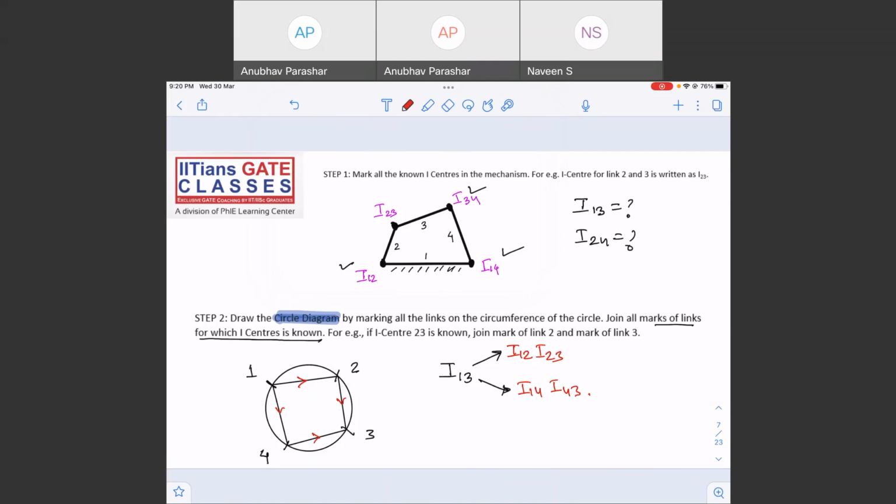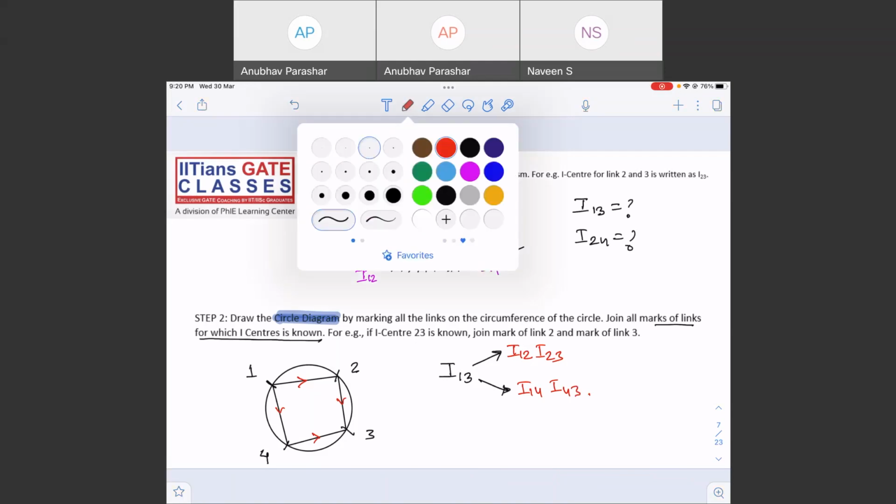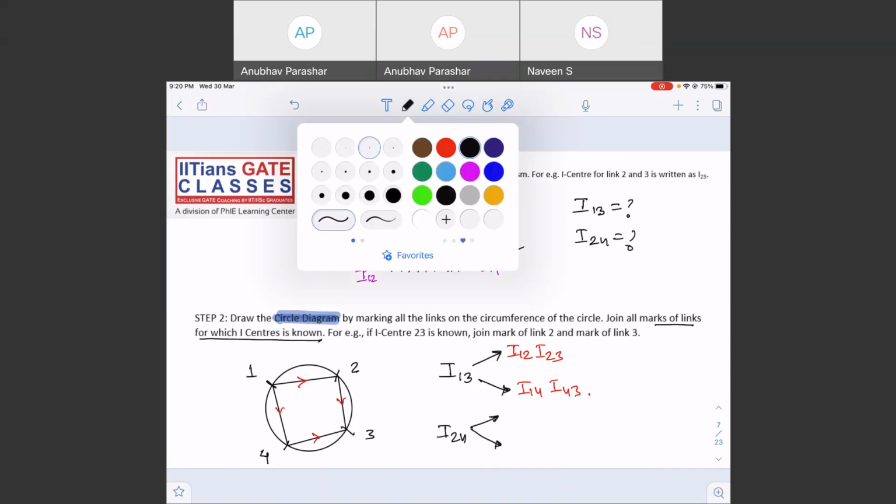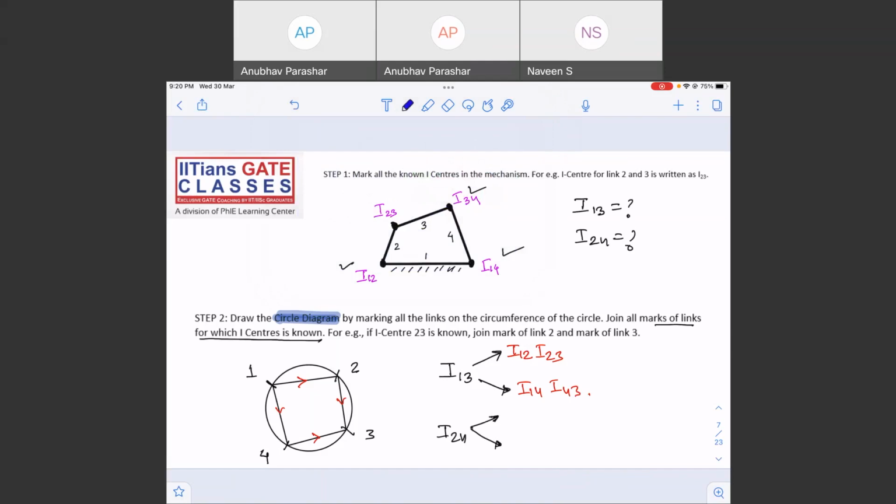Similarly, if you want to find I24, you need to find out two paths, right? What are the two paths? Let me say I want to go from 2 to 4. I can go from 2 to 3, then 3 to 4: I2 3, I3 4.